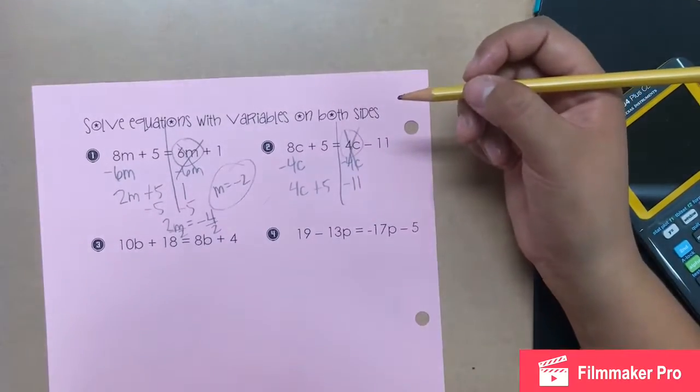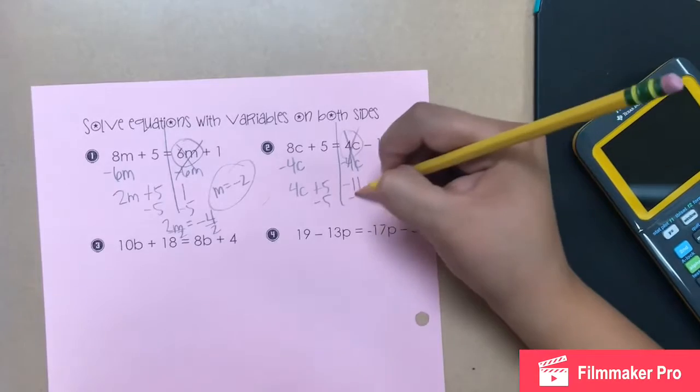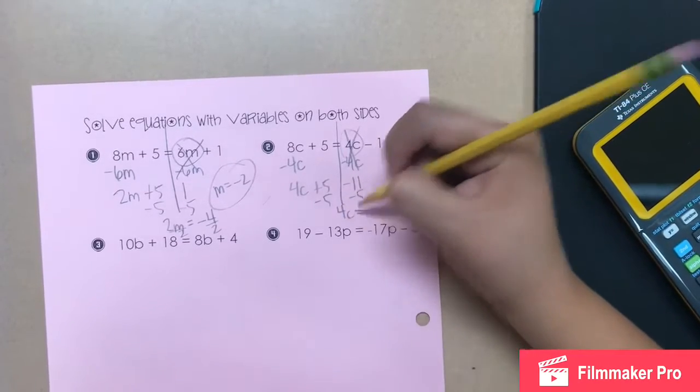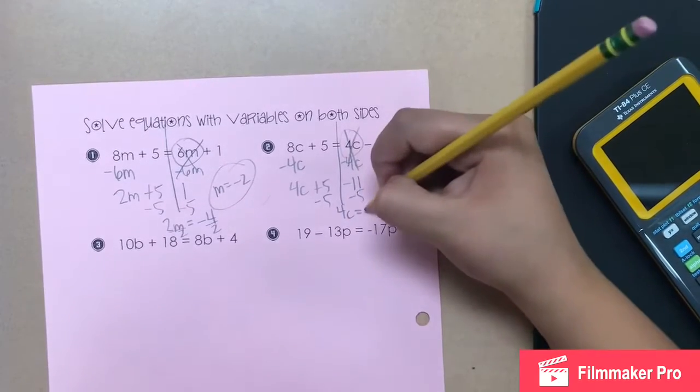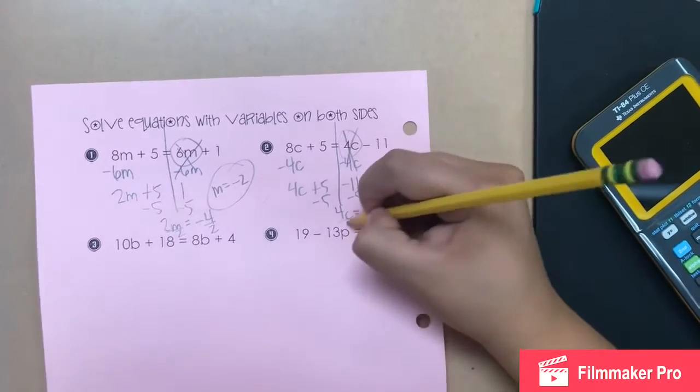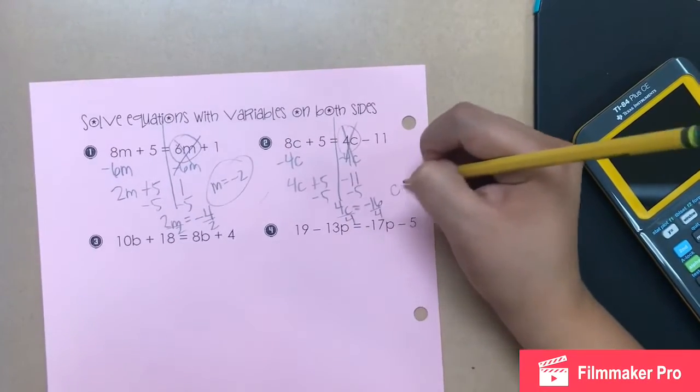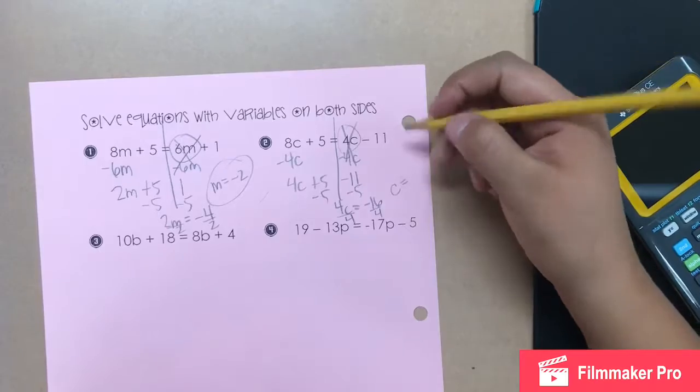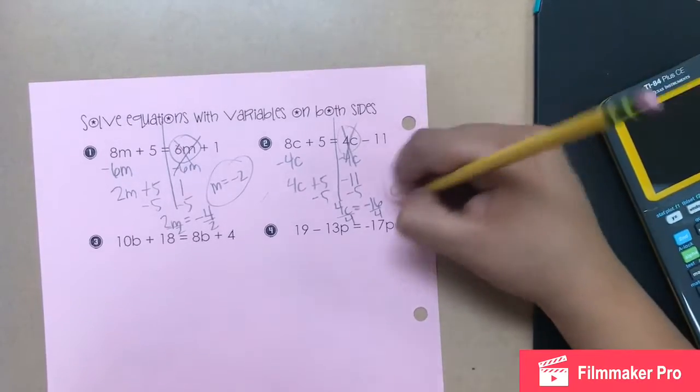Then it becomes a simple 2-step. I subtract 5. 4c equals negative 11 minus 5 is negative 16. I divide both sides by 4. So c equals negative 16 divided by 4 is negative 4.